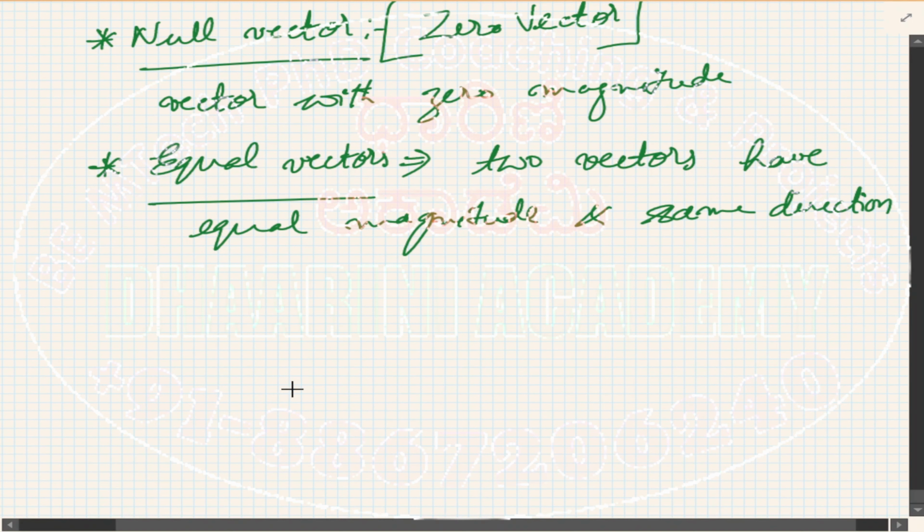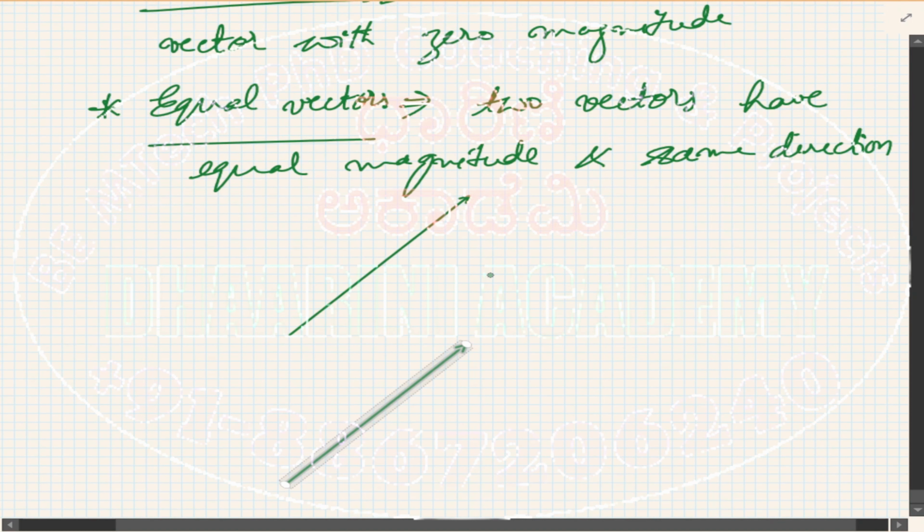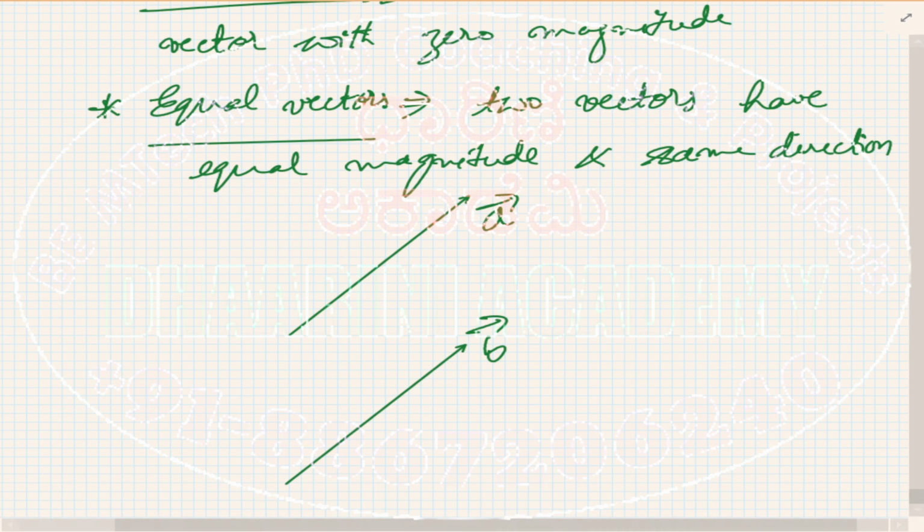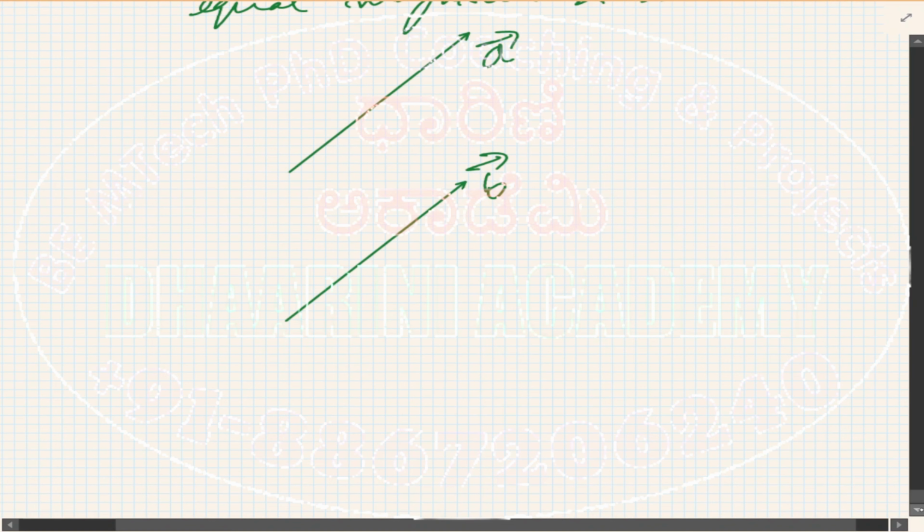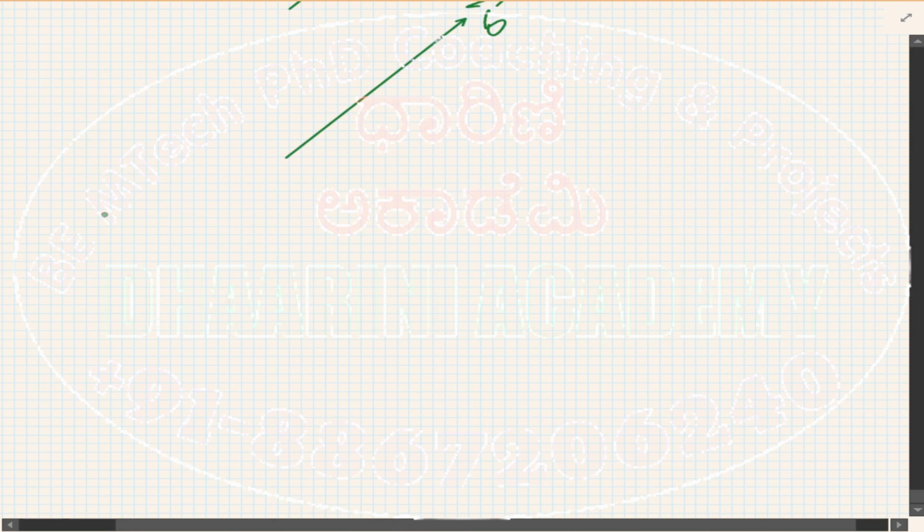Okay, for example, let me write one vector and another vector. The first one is vector A, second one is vector B. You see their magnitude is same and they are pointing to the same direction. That's why they are called equal vectors.